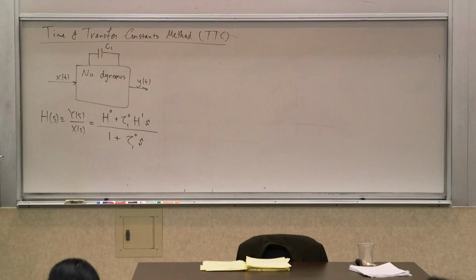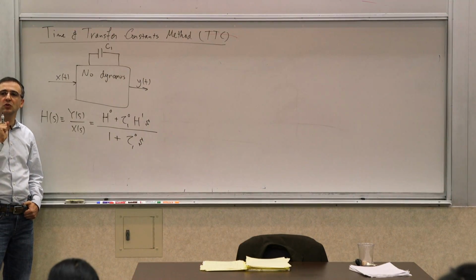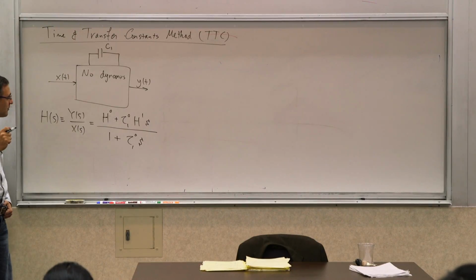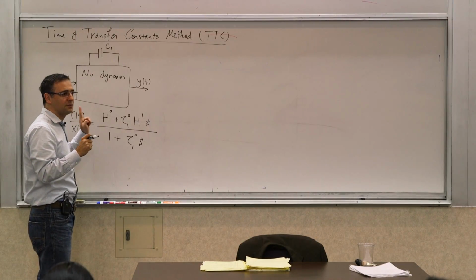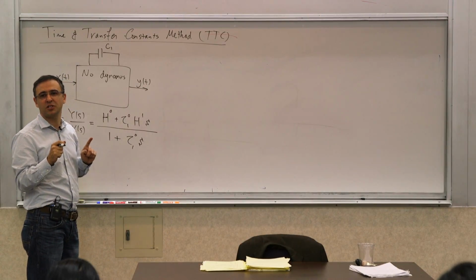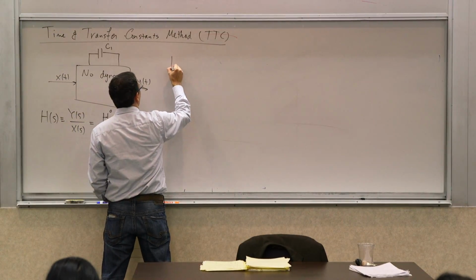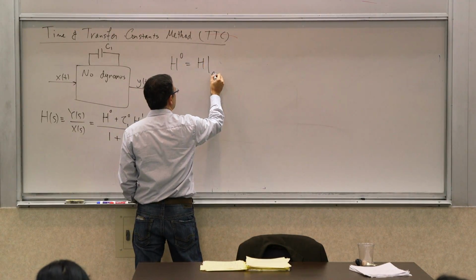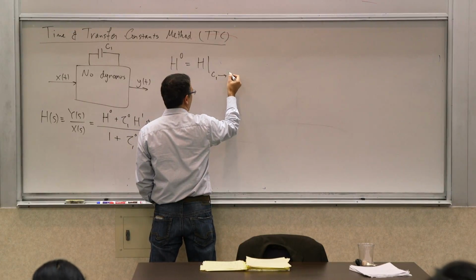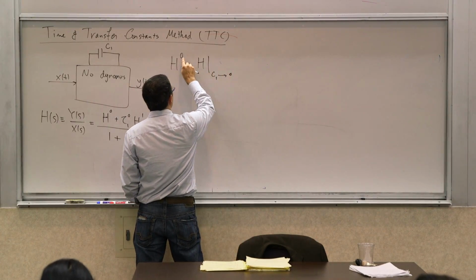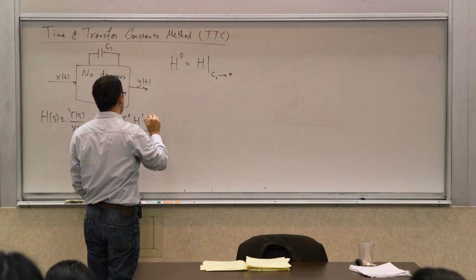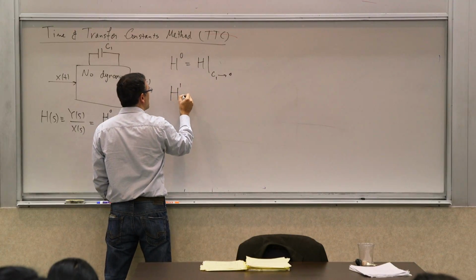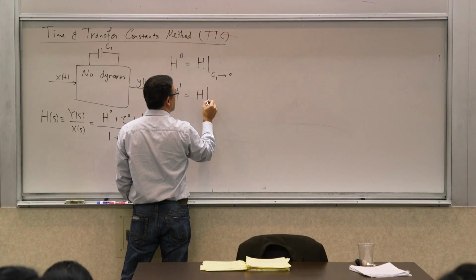So what this does is it says for a first order system, you can reduce the calculation of the high frequency transfer function to 3 low frequency calculations, which are much easier to do. The first one is H0, which is defined as H when C1, or if it was an inductor, L1, goes to 0. The superscript is essentially the index of elements that are infinite value. So H superscript 1 is the transfer constant when C1 goes to infinity.